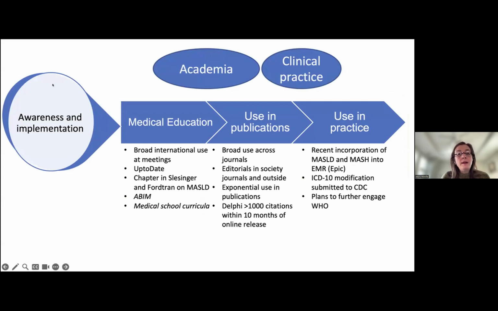So what have we done with respect to implementation and awareness, with respect to medical education, which has really been broadly used internationally at meetings? We've updated the UpToDate source, which in the United States is a very common resource for people in training. We've written a new chapter actually in Schiff and Sleisenger, and are working with the ABIM.